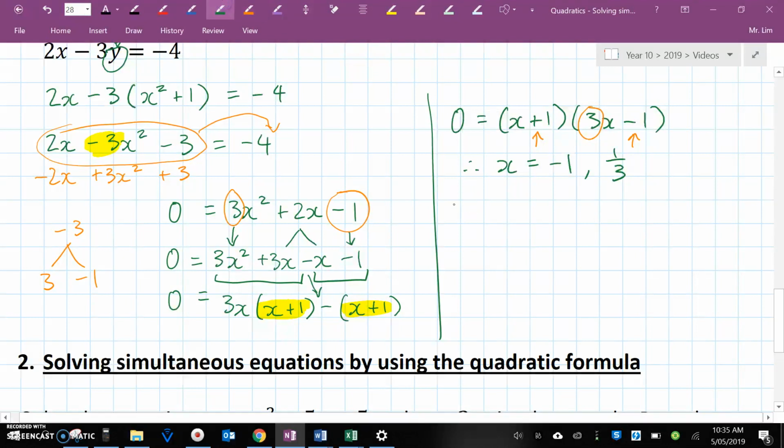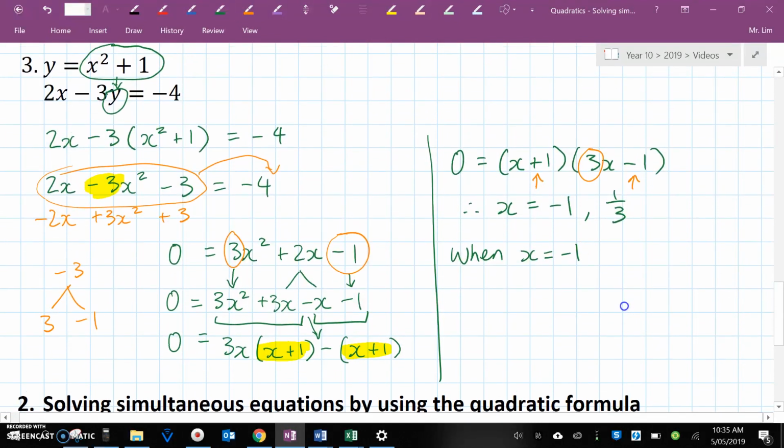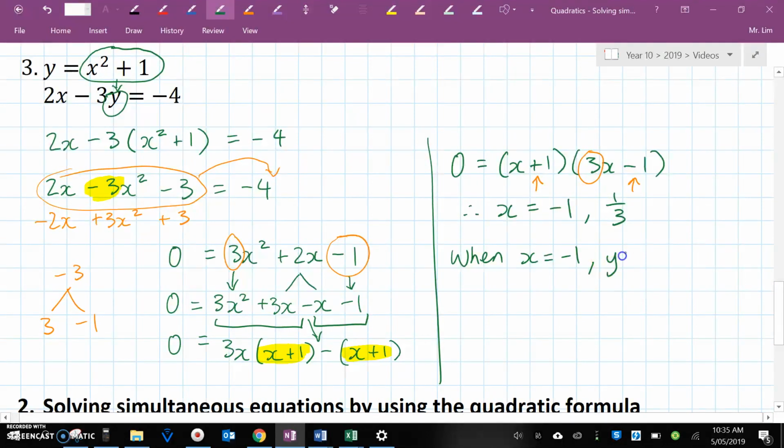So, when x is equal to minus 1, y is equal to, well, according to this, y is equal to x squared plus 1. So I'm going to substitute it into that equation. y is equal to minus 1 squared, plus 1, which is 2.